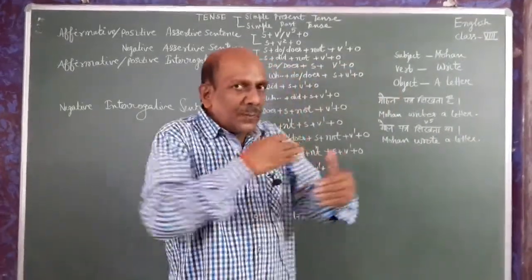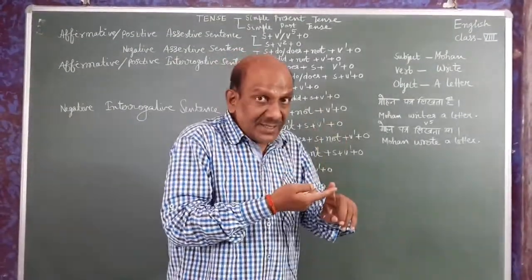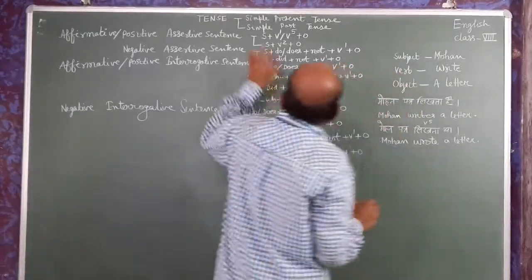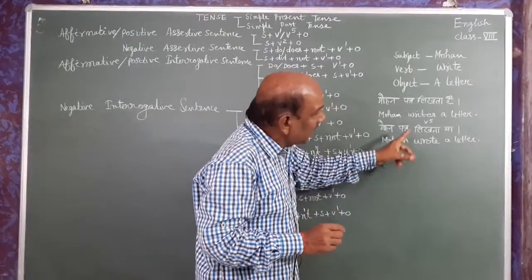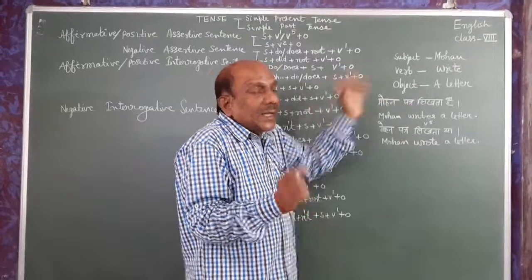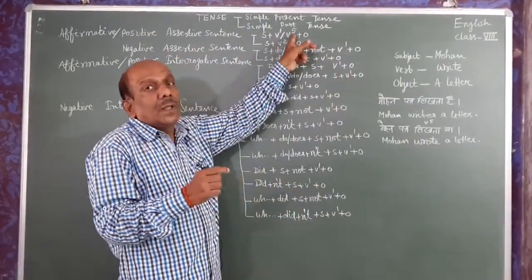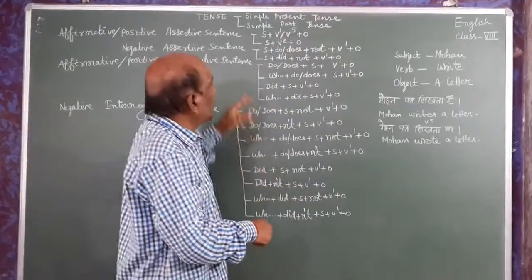The forms of the verb are write, wrote, written, writing and writes. So Mohan wrote a letter. You will find here that past tense is simpler than present tense. In present tense we use sometimes V1, sometimes V5. But in past tense we always use V2.